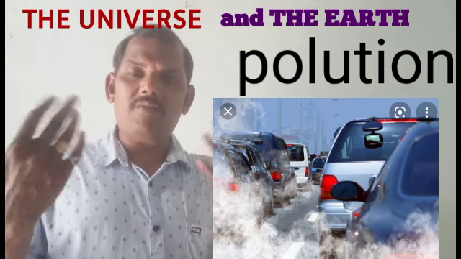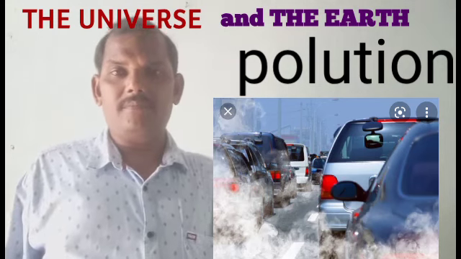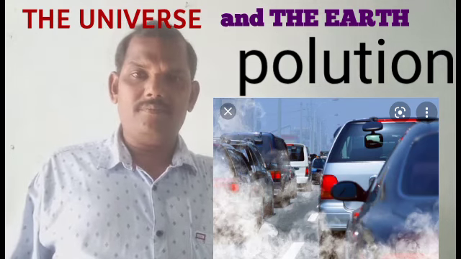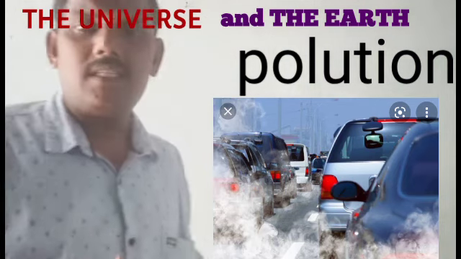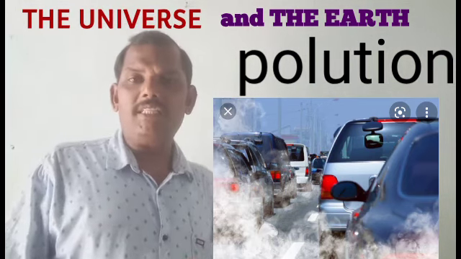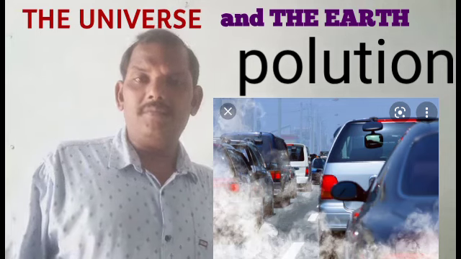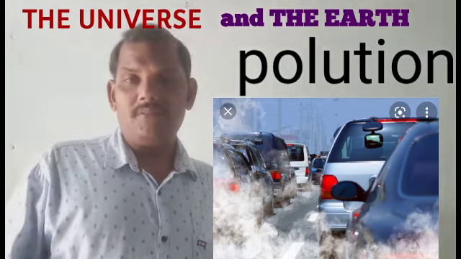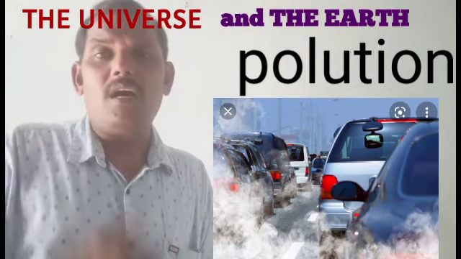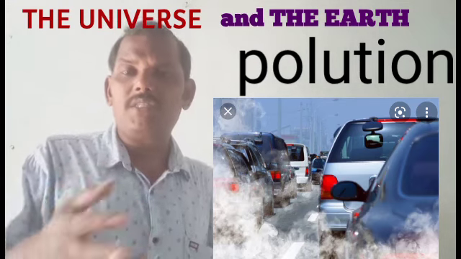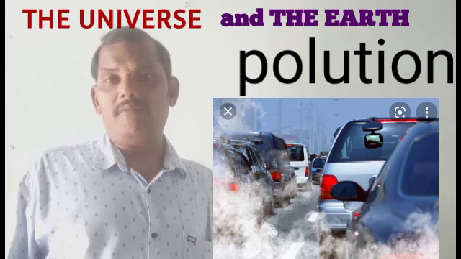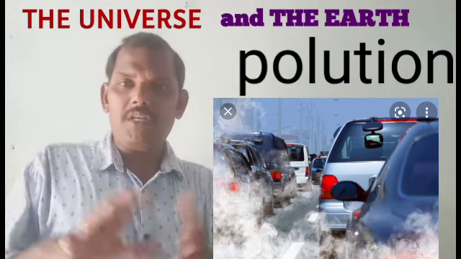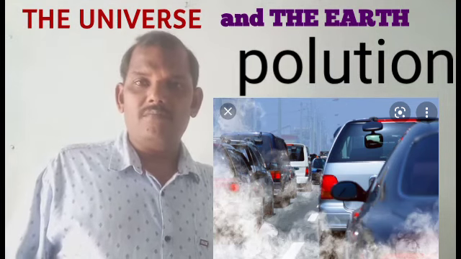And we are dumping waste materials into rivers and oceans. So many things are dumped in the water, like in the oceans and the rivers. Yes, everyone knows the Ganga river. Now the Ganga river is totally polluted.